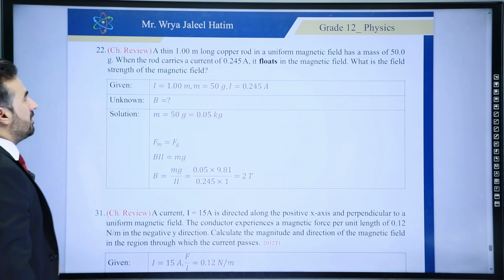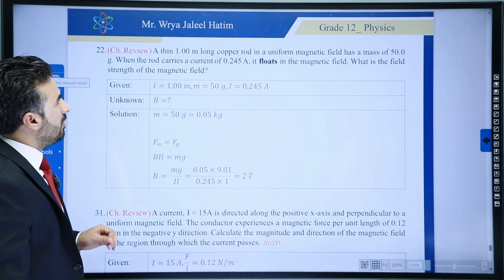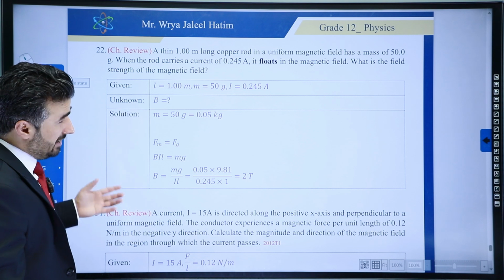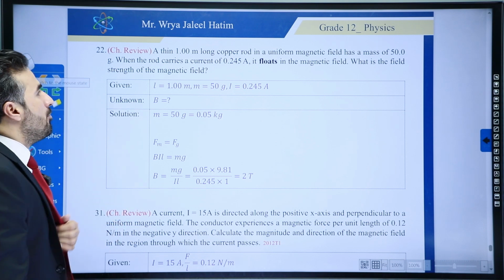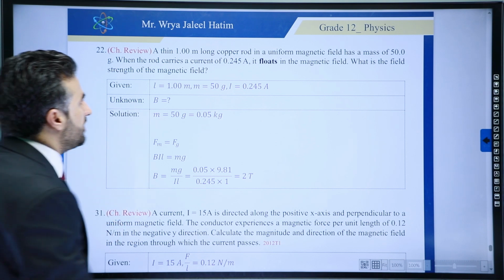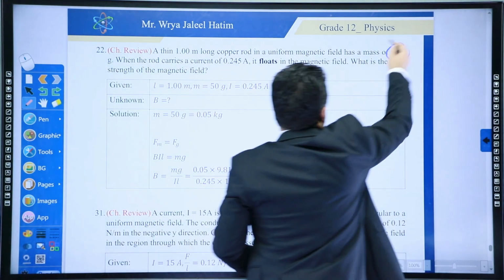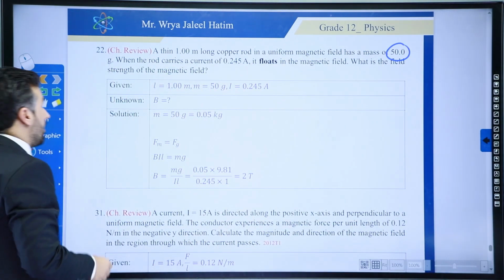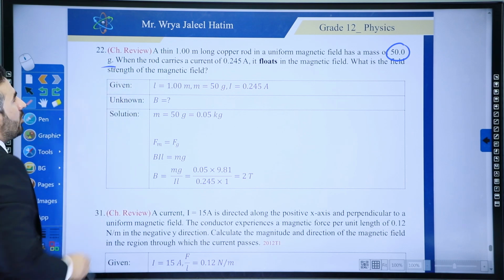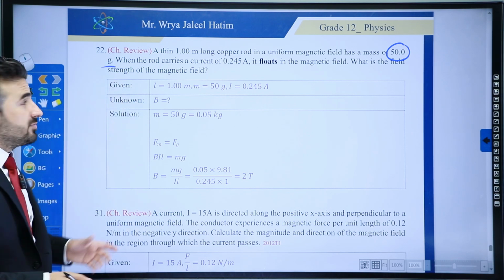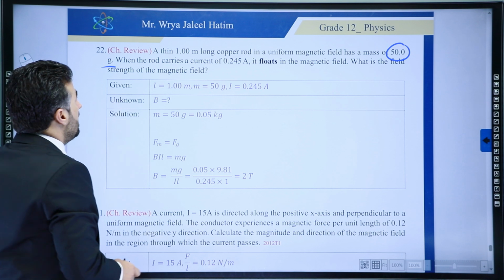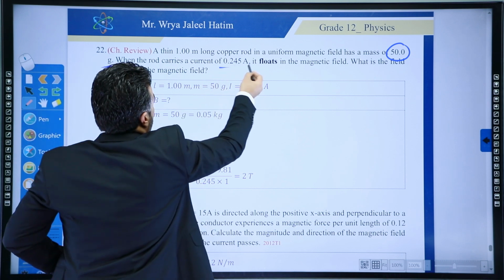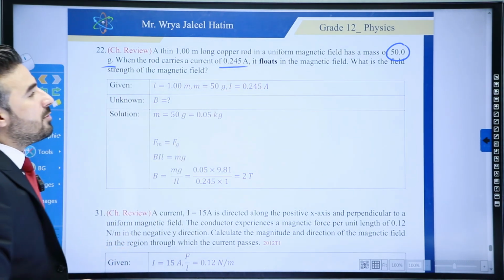The only idea, take a look, says a thin 1 meter long copper is in a uniform magnetic field and has a mass of 50 grams. So don't forget to convert this gram into kilogram. When the rod, that is basically a metal rod, assuming, carries a current of this much, it floats in the magnetic field.